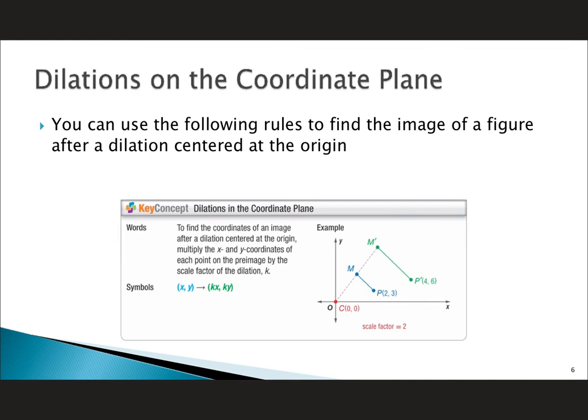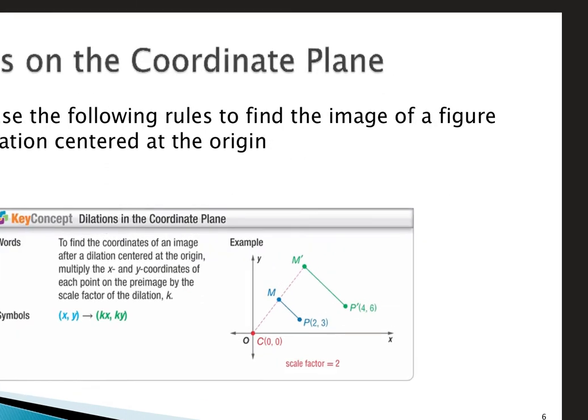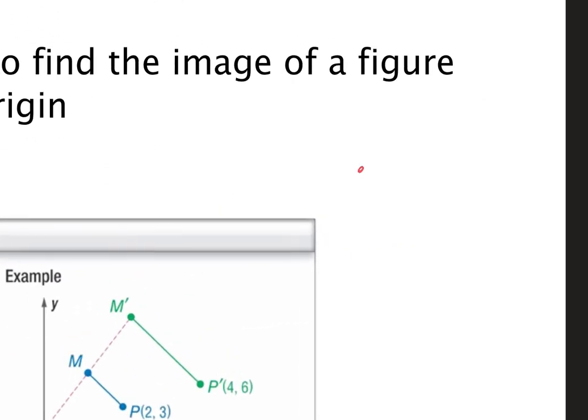Now, when we put this on the coordinate plane, we get some rules. Now, as we've mentioned in the previous slide, we've talked about the center point, and the center point is very, very important. Depending on where the center point is, your problem could be easier or it could be mildly harder. Here's C, our center point, and here's triangle W, X, Y, Z again.